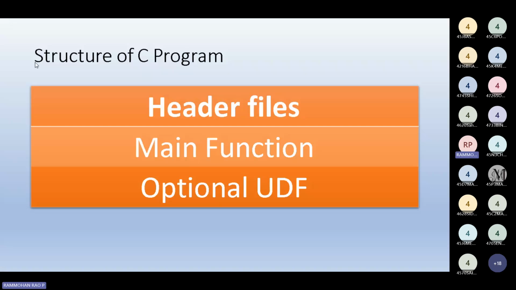Now coming to this diagram, header file. What do you mean by header file? In C language, there are lots of built-in functions, library functions, which are available in C compiler, right? Based on their application, based on their purpose, they are grouped together into different files.